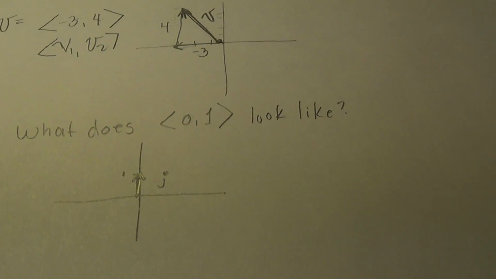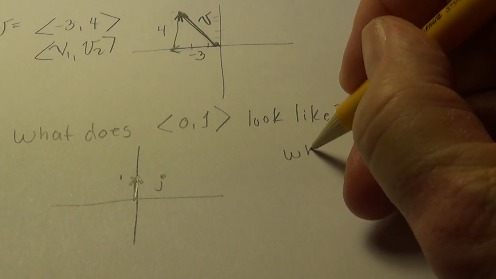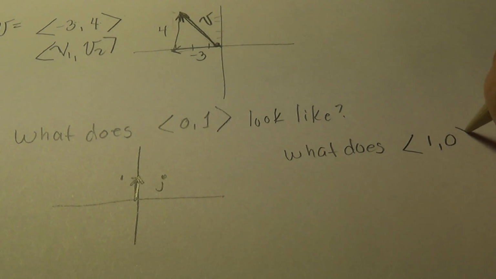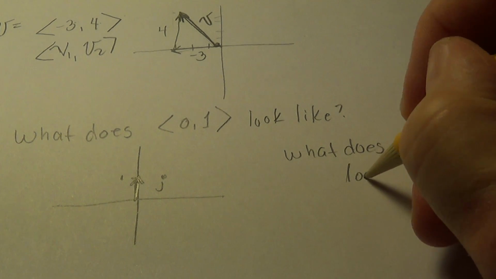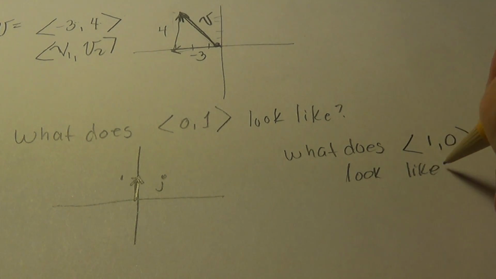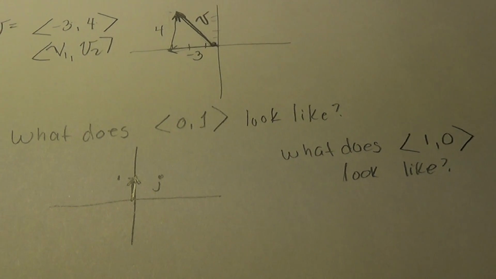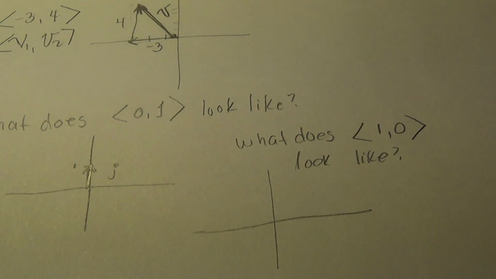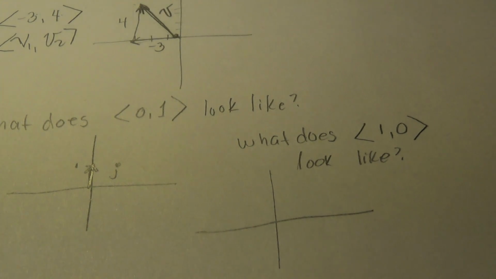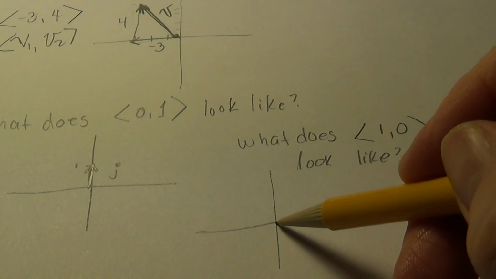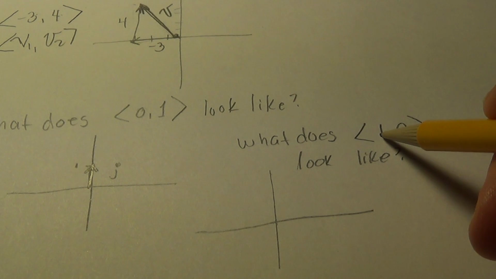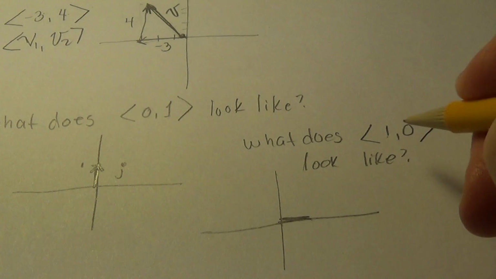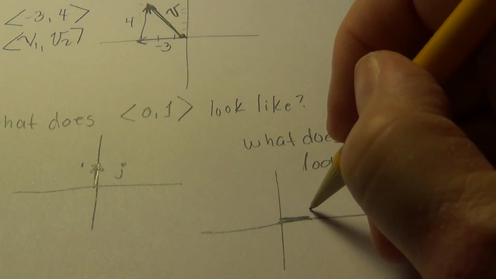And in like manner, what does <1, 0> look like? See if you can sketch that. Give yourself a coordinate plane, and this time, starting at the origin, this tells us it goes over 1 in the x direction, and it does not move up or down in the y direction.